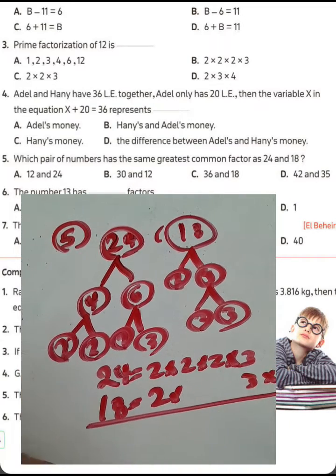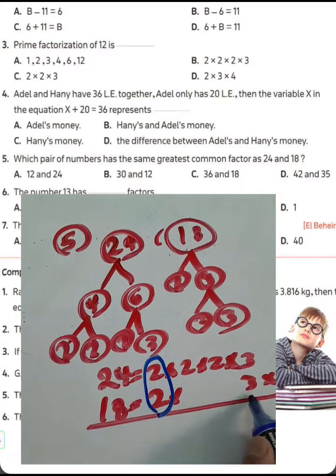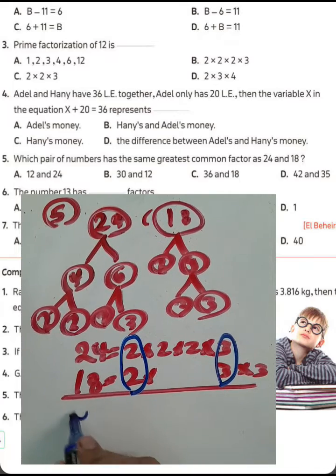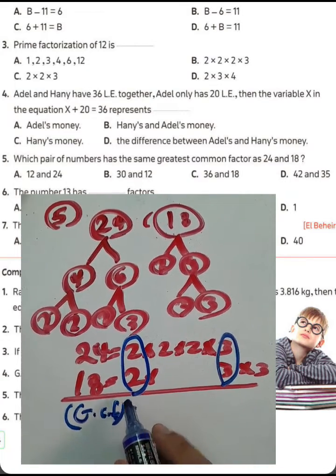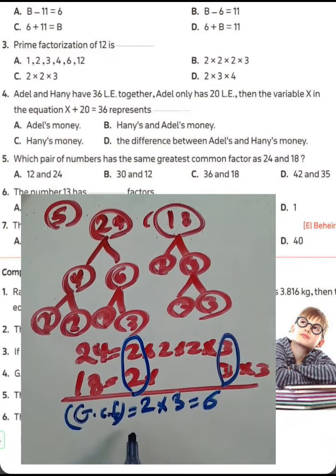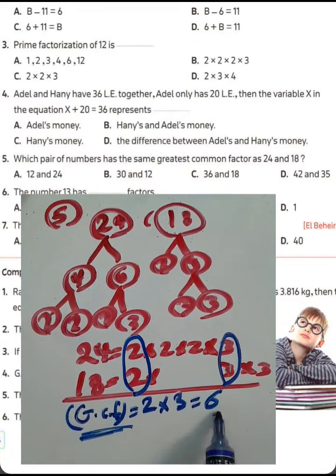And then draw the common prime factors here to find the greatest common factor between them. Write one digit from the closed curve here 2 and the closed curve here 3. 2 times 3 equals 6. Then 24 and 18, the greatest common factor between them equals 6.